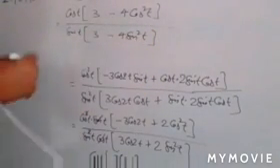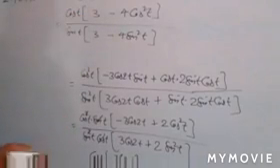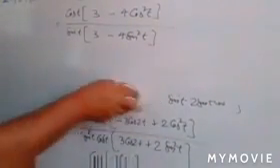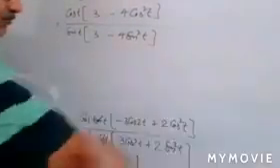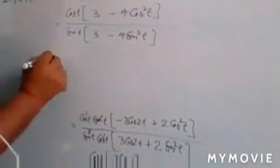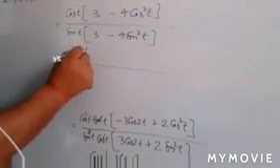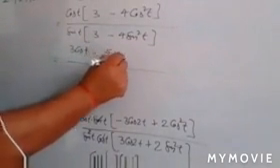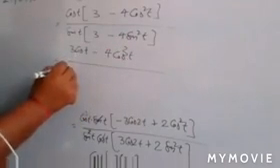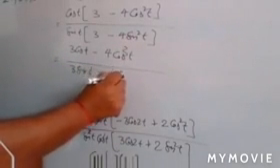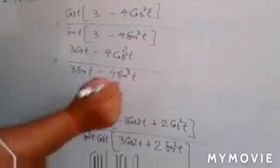Now multiplying that cos and sine. So if you multiply here, you have 3 cos t minus 4 cos cube t upon 3 sin t minus 4 sin cube t. Okay.